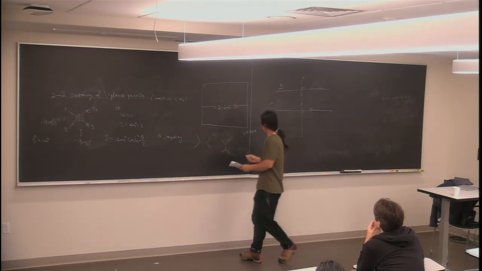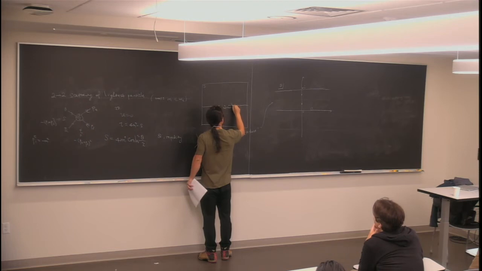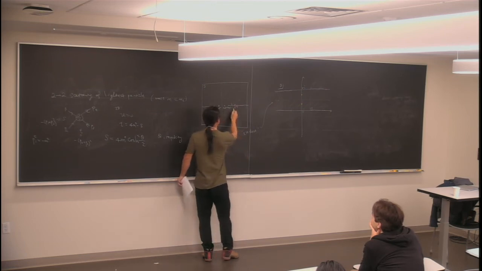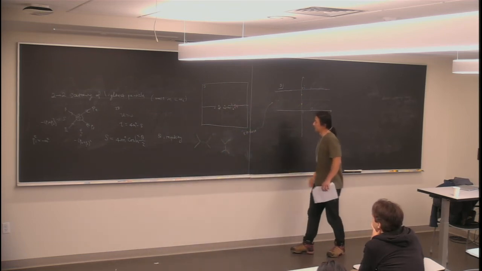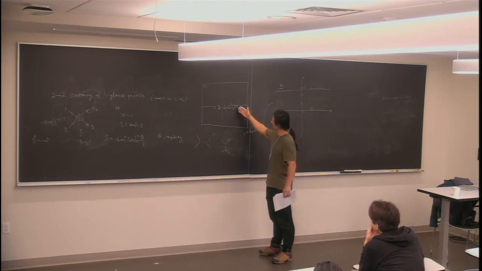So if you continue through this cut, you have some pole over here, which will turn out to be related to a zero on the first sheet for a reason that I will describe in a moment.